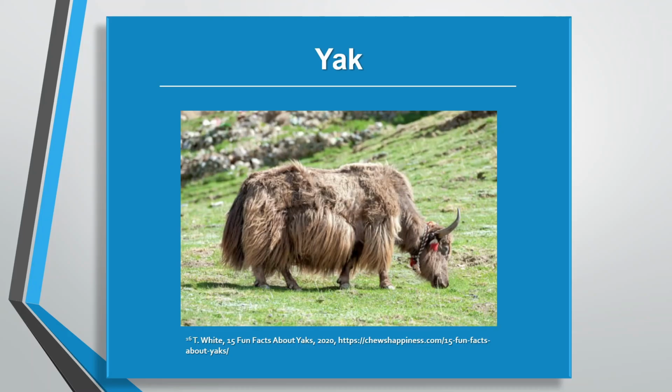Yaks also have significantly larger lungs and a significantly larger heart, which both function to improve oxygen transport throughout their body, a necessity for life in areas where the air is very thin. Their rumen is also significantly larger, enabling them to ferment their food longer and extract more nutrients, which allows them to survive on food that has lower nutritional value than that of other cattle.